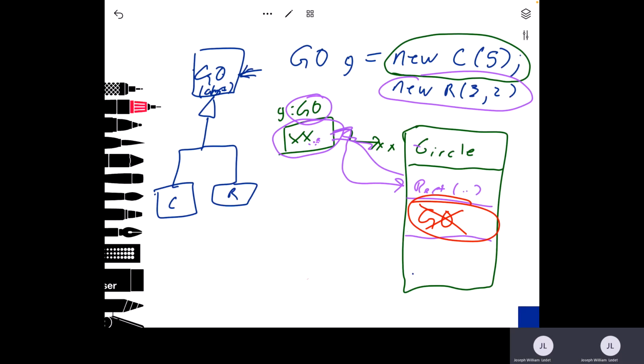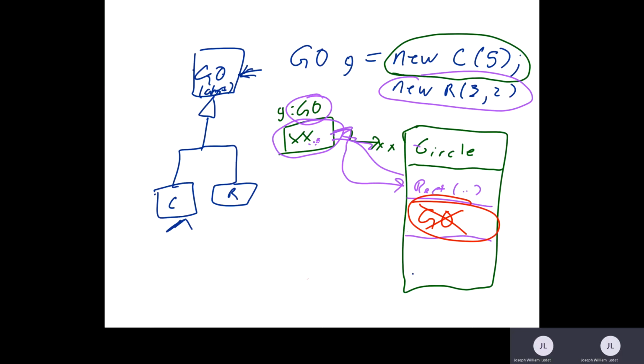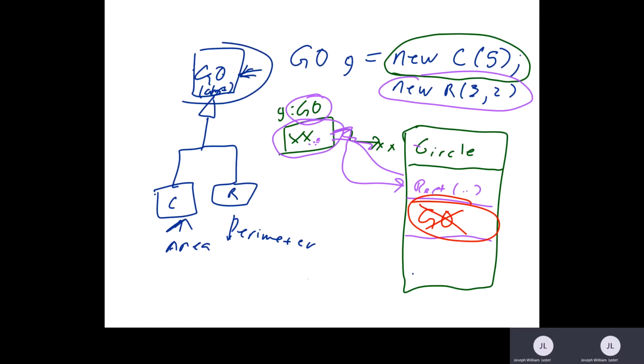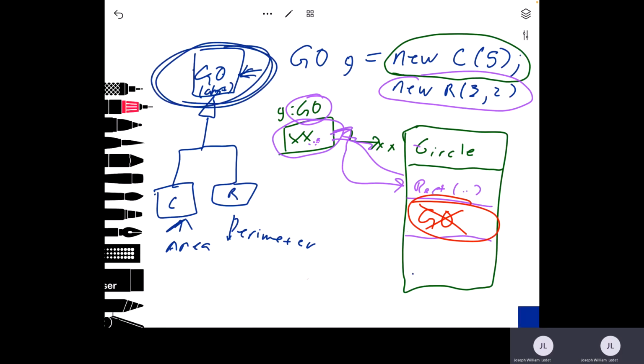We want to be able to give a concrete answer to what the area of an object is, and what the perimeter is. We want to give concrete answers to those questions. We can't do that with just a geometric object on its own. Okay. All right. So I hope that clears up some stuff there.